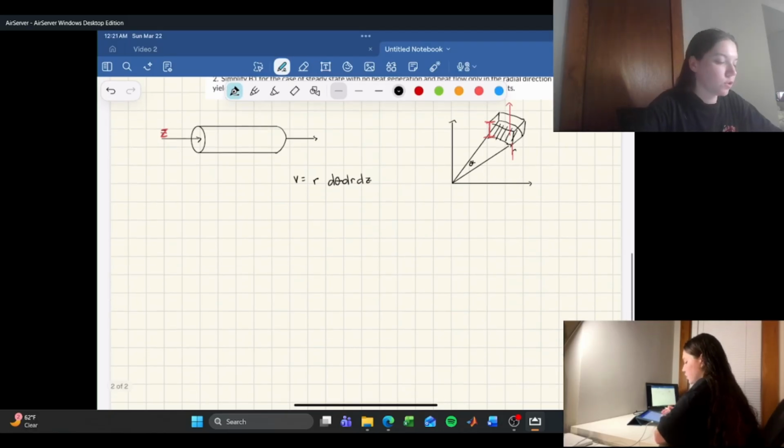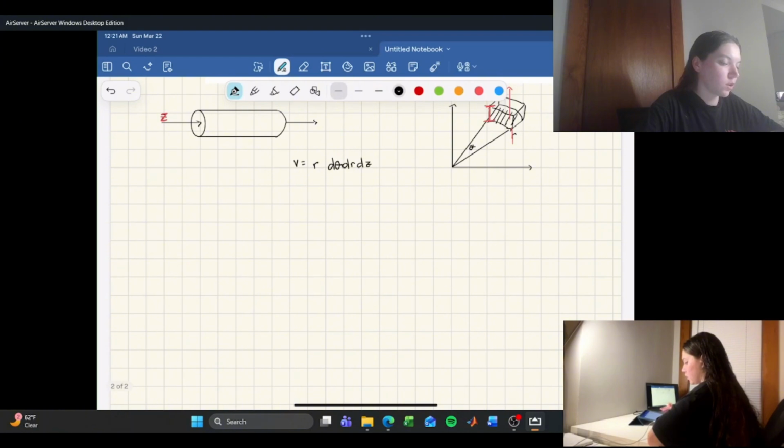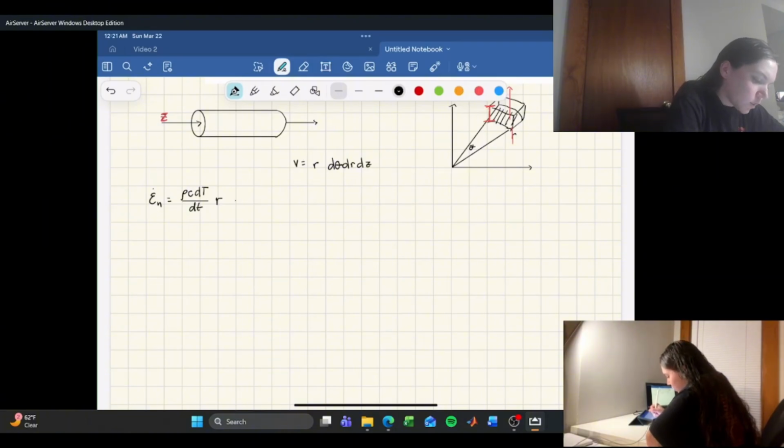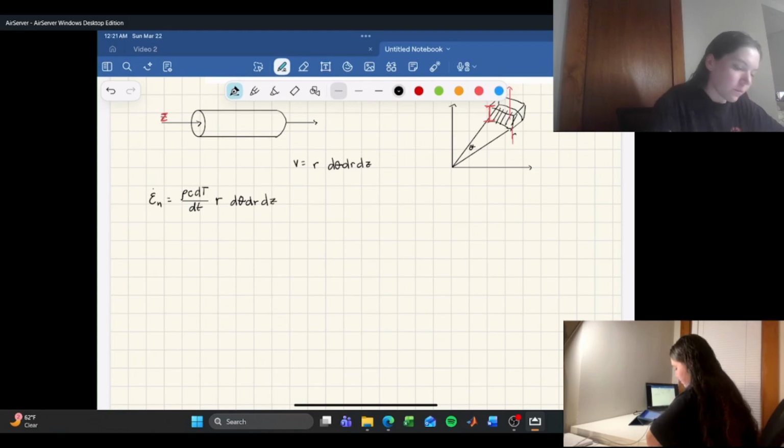And then, similar to the last video, we first need to know what the stored energy is. So the energy stored is going to be equal to the density times the heat capacity times the change in temperature over the change in time, and then times the volume, which we just said was the radius times the change in theta times the change in the radius times the change in position or length.